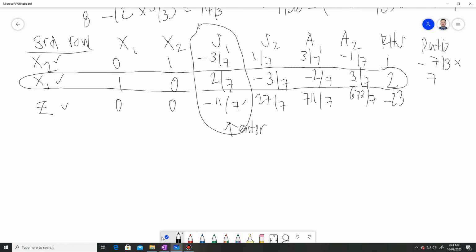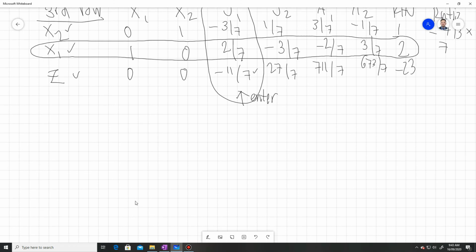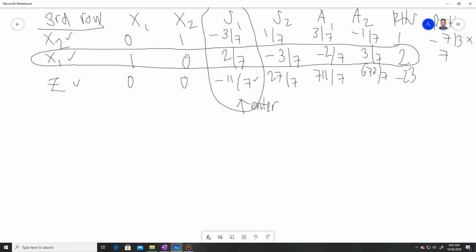Okay, so now we are in the fourth table. We hope that this will be the last one. So x sub 2 remains, and x sub 1 will be replaced by s sub 1, and z always remains.